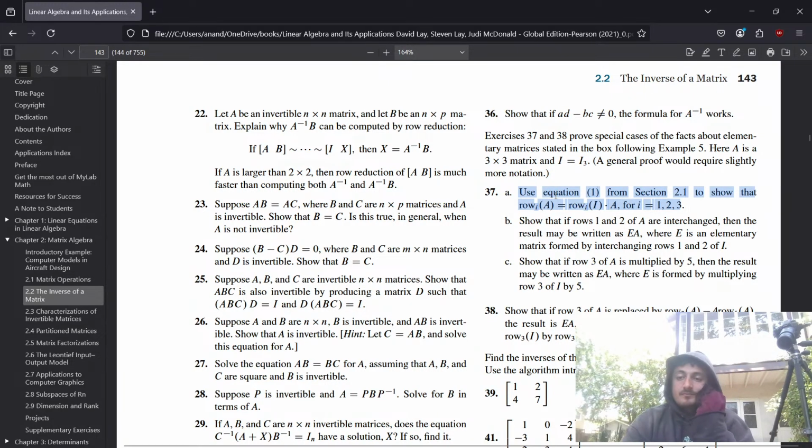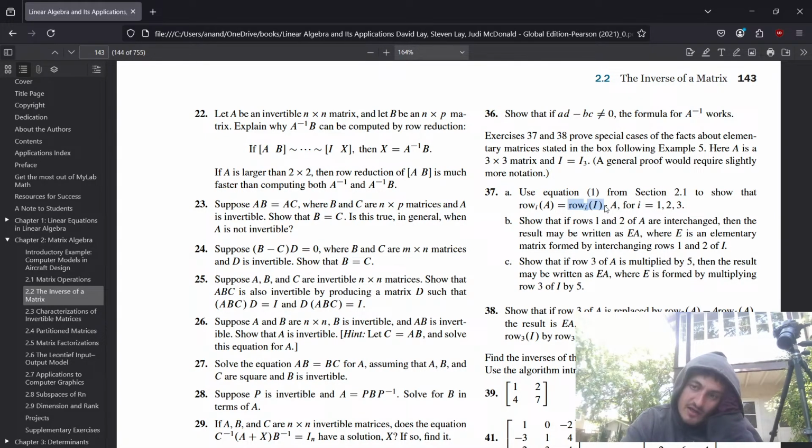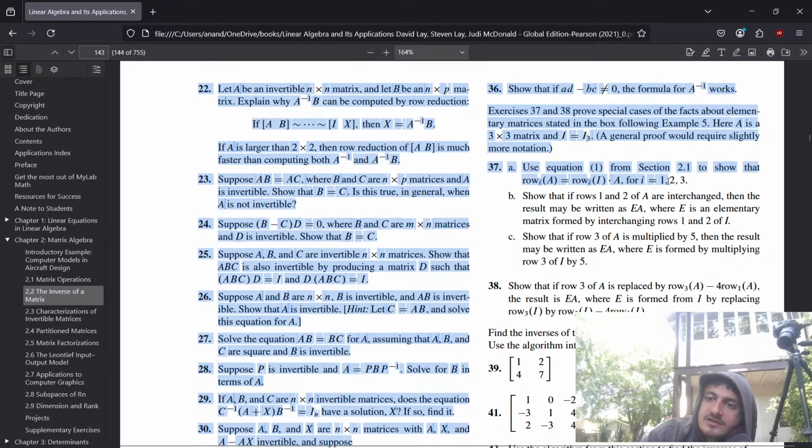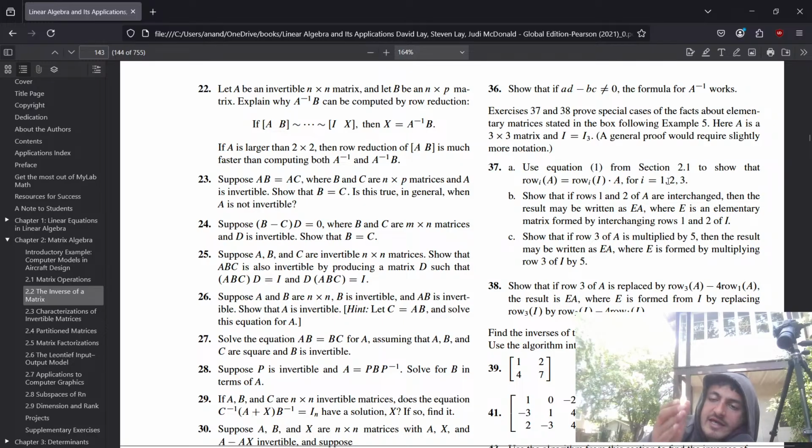Because row i of the identity matrix is just going to be n zeros with a 1 on the ith position. So for each row column product, it's going to be plucking out the ith element of each column of A.